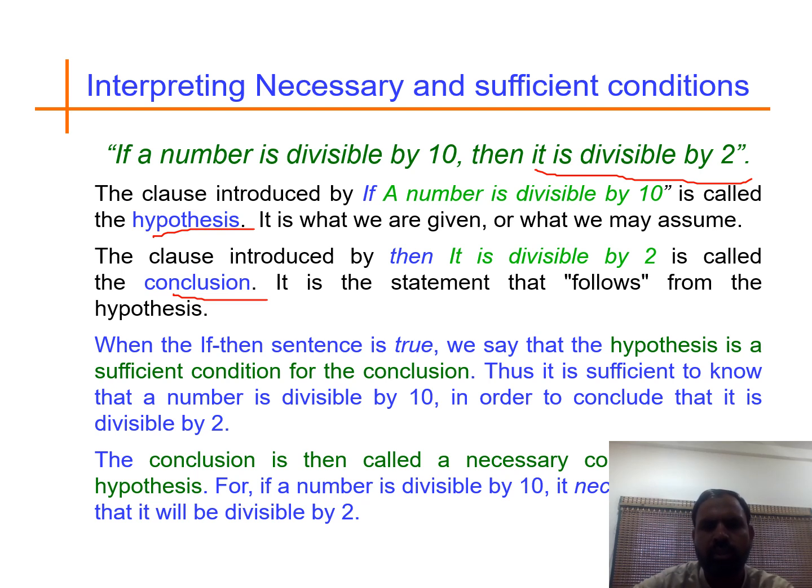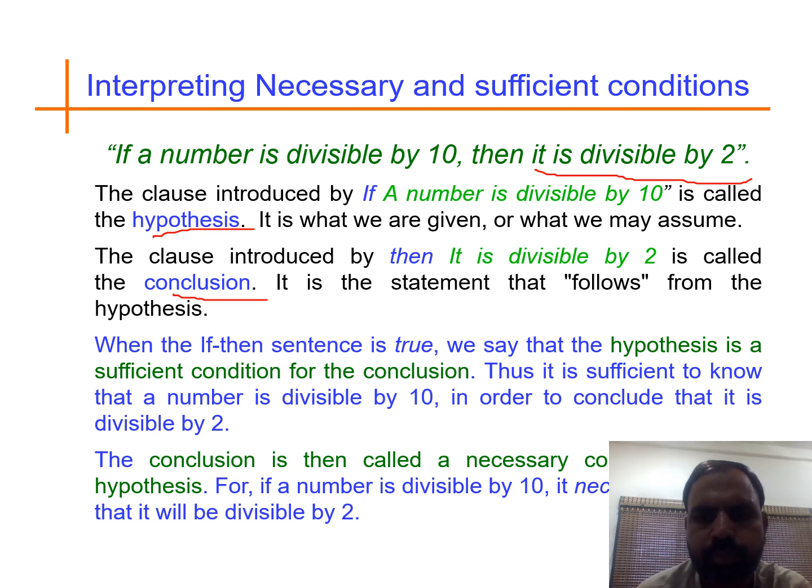The conclusion is then called a necessary condition for the hypothesis. For if a number is divisible by 10, then it is necessary that it will be divisible by 2. We have already discussed many theorems in mathematics like these sufficient conditions.